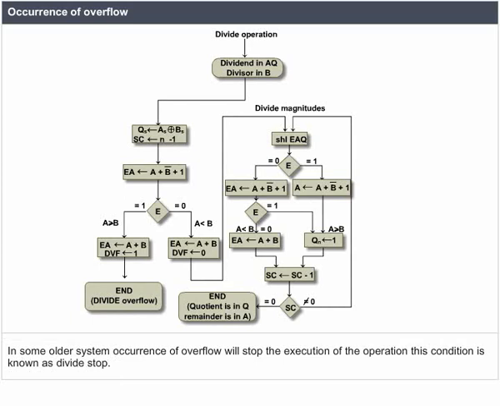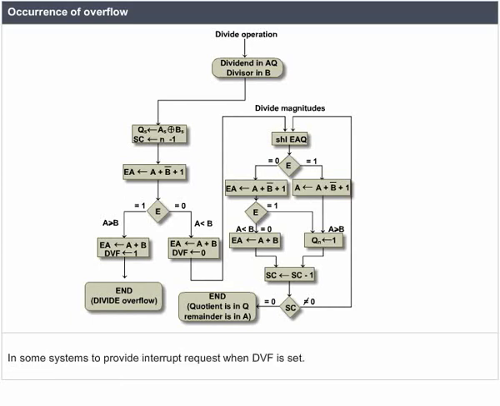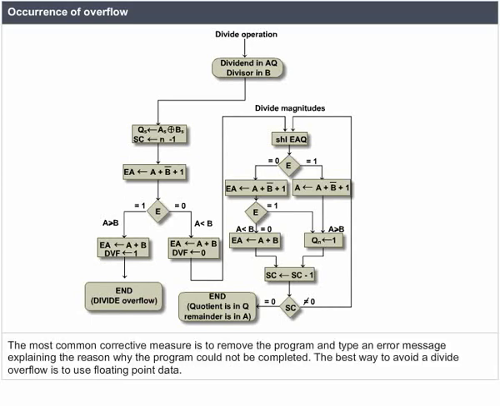This condition is also known as divide stop. In some systems, an interrupt request is provided when DVF is set. The most common corrective measure is to remove the program and type an error message explaining the reason why the program could not be completed. The best way to avoid a divide overflow is to use floating point data.